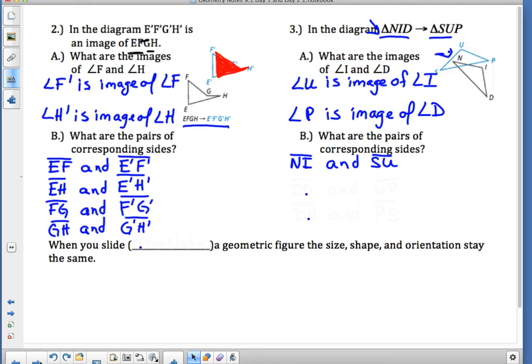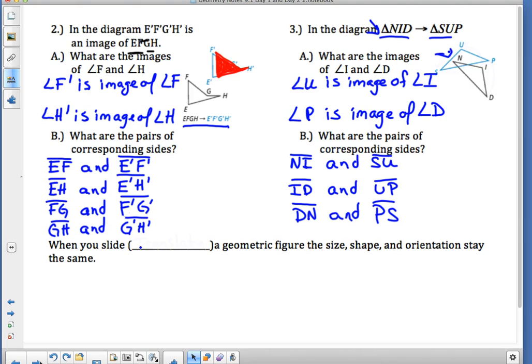This is just like when we did congruence, lining up congruent angles, or similarity, lining up congruent angles. And I'm not sure why I went DN and PS, but if you went ND and SP, you're fine. Order matters though, so keep it in order. Are there any questions about the order matters on these?